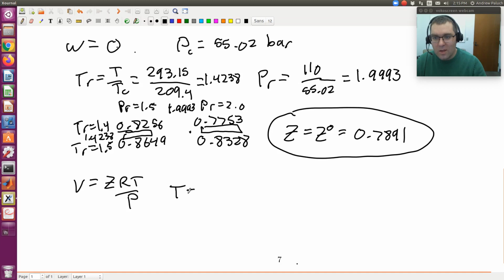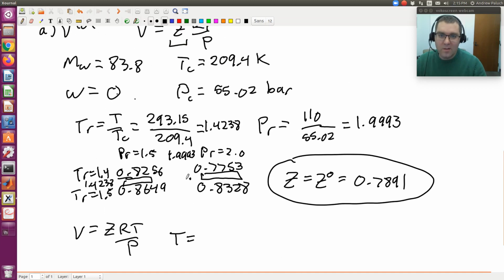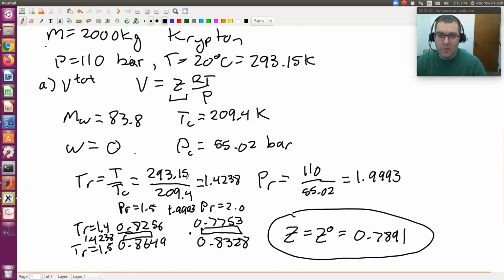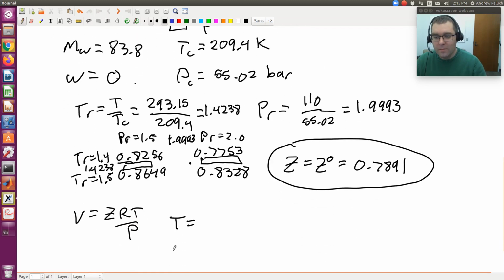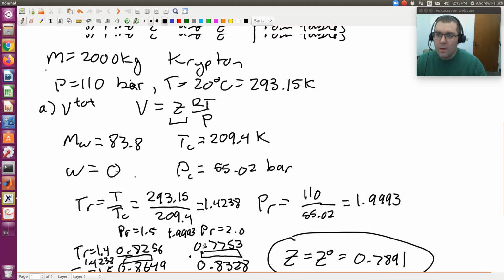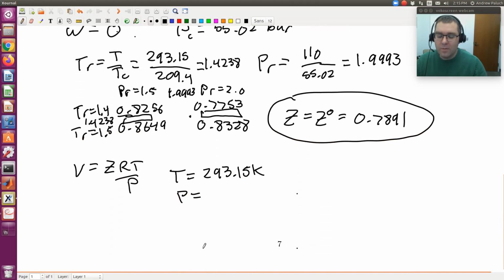So T, we already converted to SI units. That's 293.15. Our pressure is 110 bars, where 1 bar is 1 times 10 to the 5 pascals. So I'll write that as 110 times 10 to the 5 pascals.